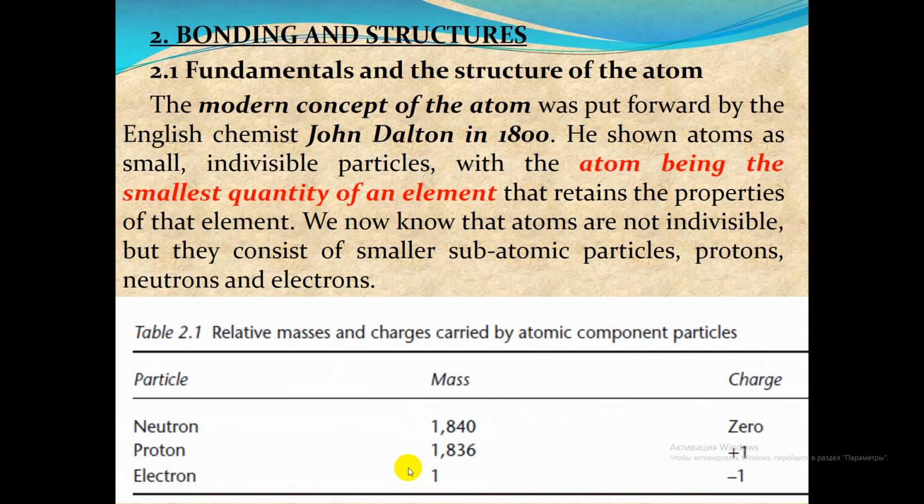The modern concept of the atom was put forward by the English chemist John Dalton in the 1800s. He showed atoms as small, indivisible particles, with the atom being the smallest quantity of an element that retains the properties of that element.